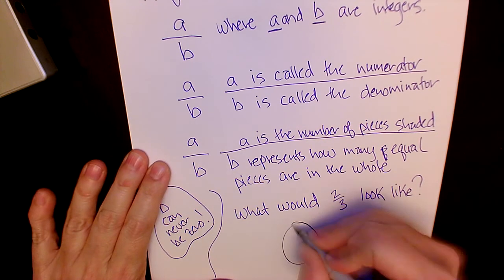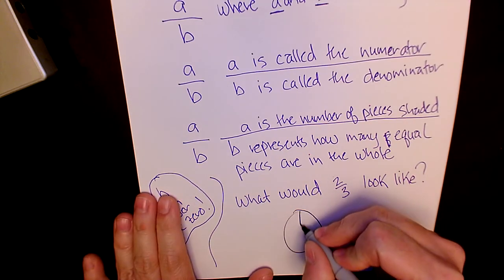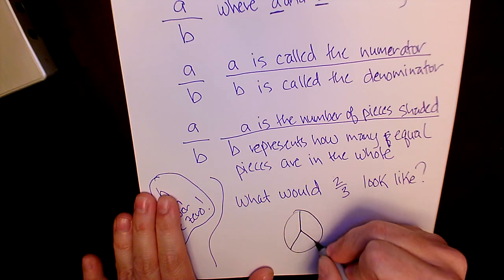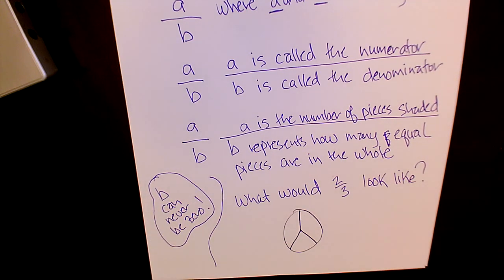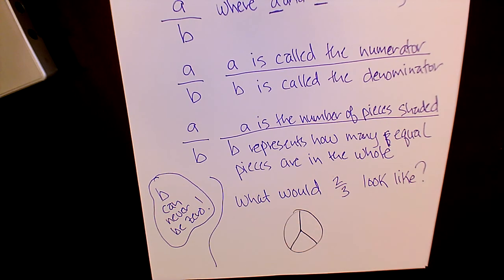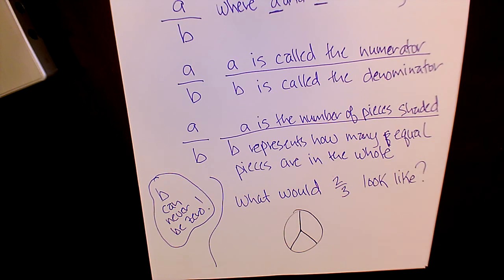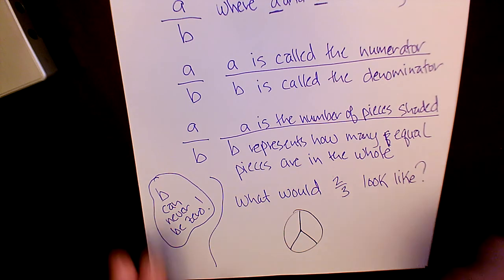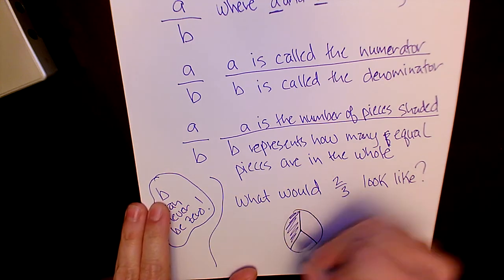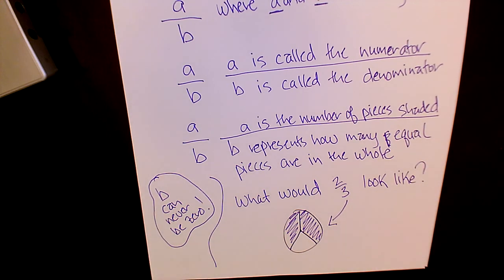So I'm going to draw, and you know I'm not the best drawer on these. And they're equal parts. I'm going to do my best to do equal parts. Kind of, sort of. So there's my 3 equal parts. Just pretend they're equal. And 2 is my numerator. So 2 is how many pieces are shaded. So I want 2 out of the 3. Okay, so that is a picture of 2/3.